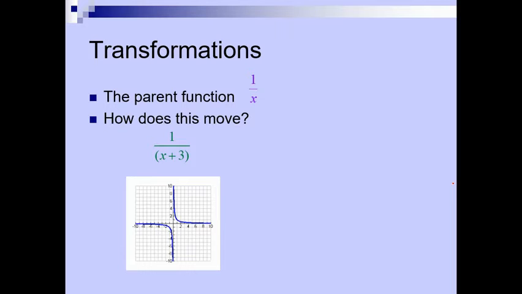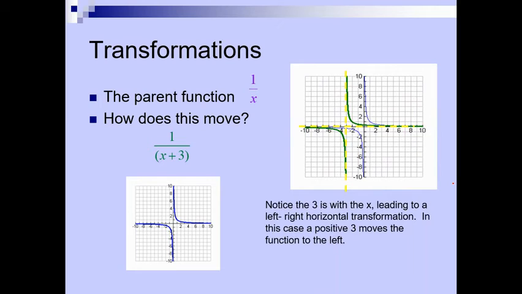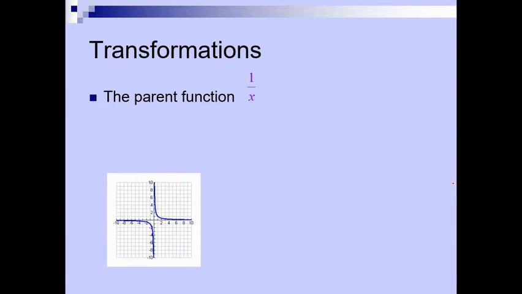Let's take a look at this graph. How does this move? All right, you are correct. Notice the 3 is with the x, leading to a left-right horizontal transformation. In this case, a positive 3 moves the function to the left. And what about this function?